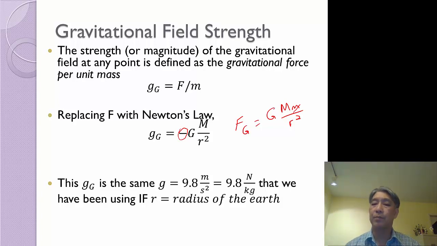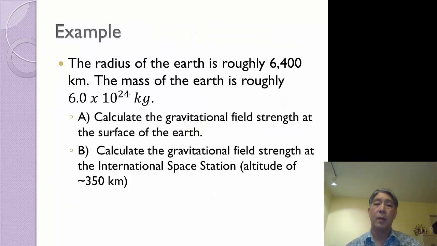Those units are synonymous, and this is where we come up with that number 9.8. Yes, we derived it experimentally, but it also has an original calculation that comes from this GM over r squared. What it allows us to do is calculate g pretty much anywhere, not only on the surface of the Earth, but also somewhere out in space.